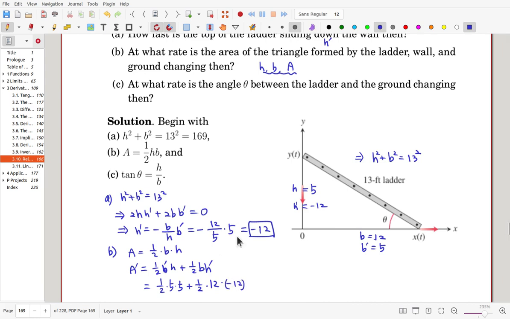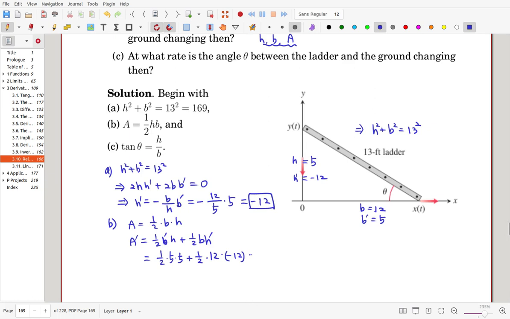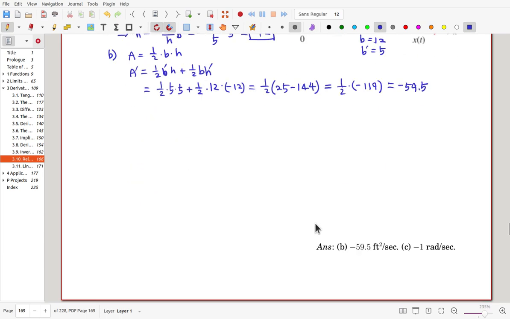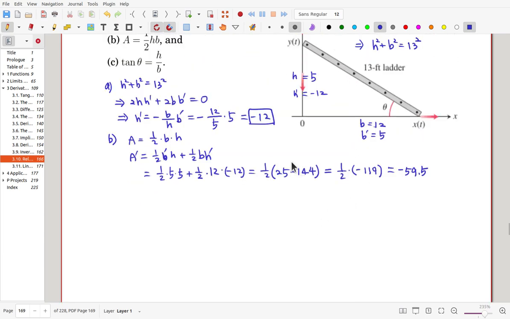So that is half times 25 minus 144, which is half times minus 119. So that's minus 59.5. Yeah, we didn't make any mistake in the computation.